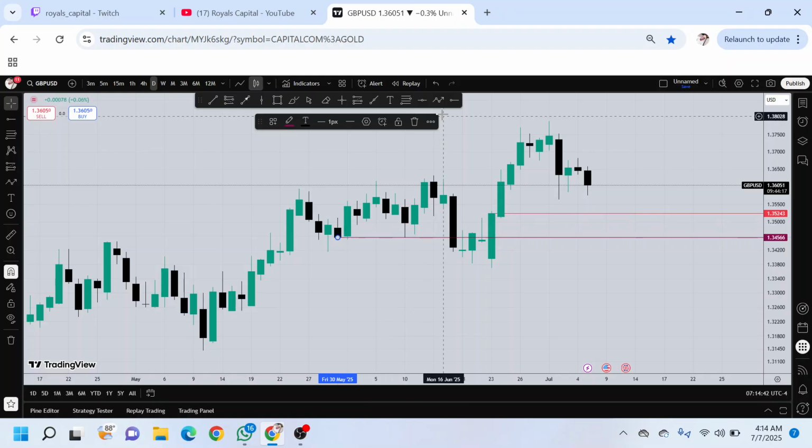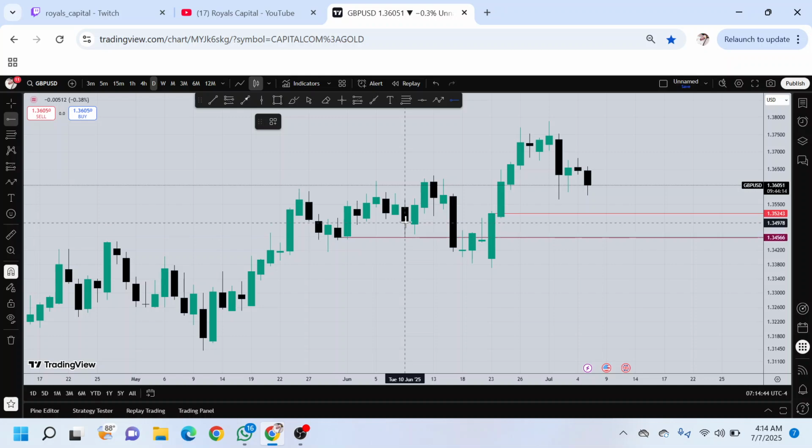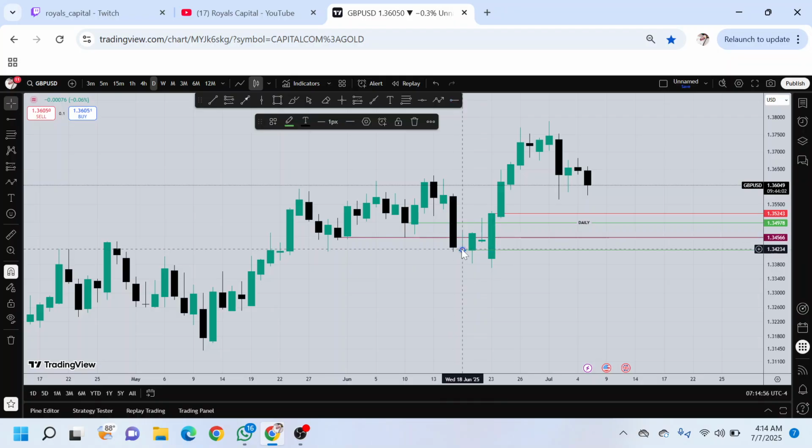Yeah, on the daily, maybe I can go with this on the daily, and this on the daily also. So we have this level refined to this, and this level refined to this. So on EU, just like I said, we have these two zones right here.